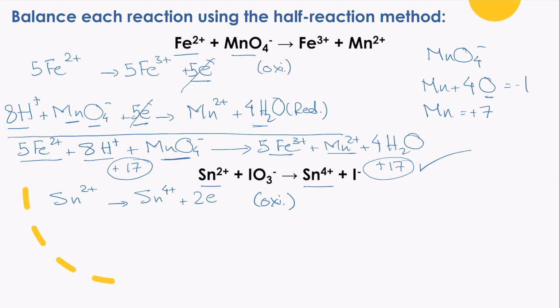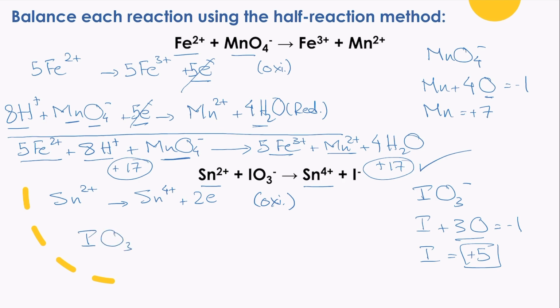Okay, then we have IO3-. I plus 3 oxygens is equal to -1. We already know that oxygen is -2, so we have here -6. Go to the other side, it will be +6, so we have here +5 for I. So IO3-, it has changed to become I-.